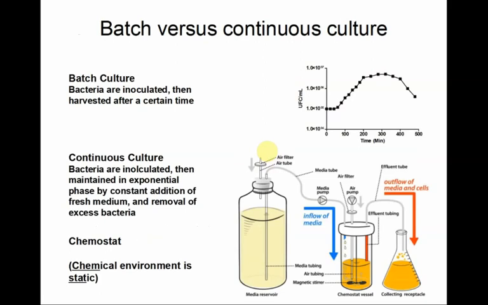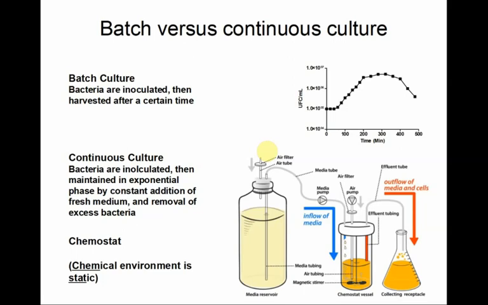So why would you ever want to do this? Okay, well, in terms of biotechnology, it might be useful for you to run a big lot of production of bacteria in exponential phase, and it might be helpful to optimize your production.